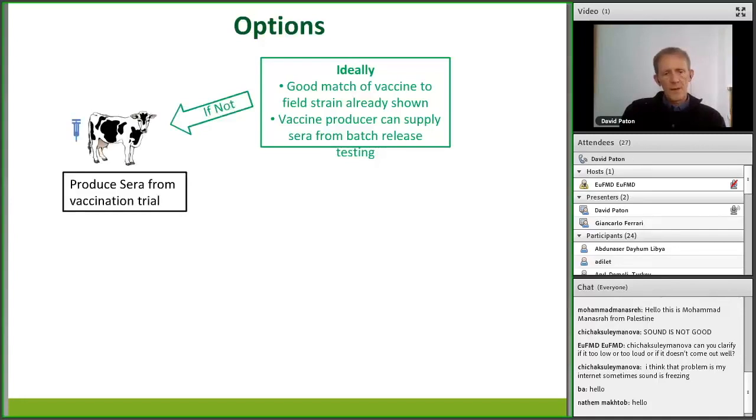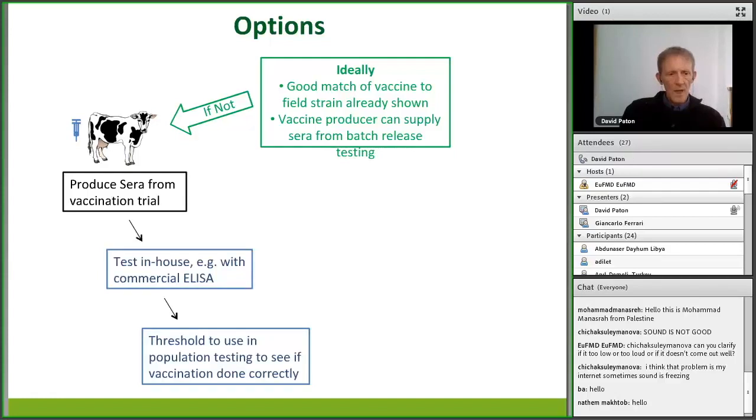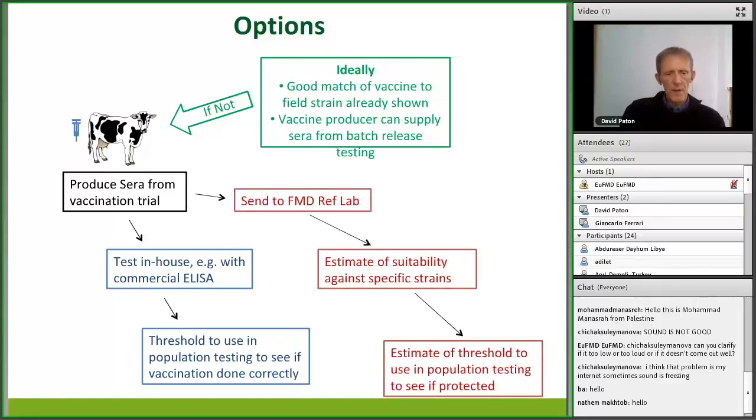If you have doubts about this, or if this cannot be fulfilled, then you can produce your own sera from a vaccination trial. You can test these in-house, e.g. with a commercial ELISA, and that can give you a threshold to use in population testing to see if your vaccination has been done correctly.